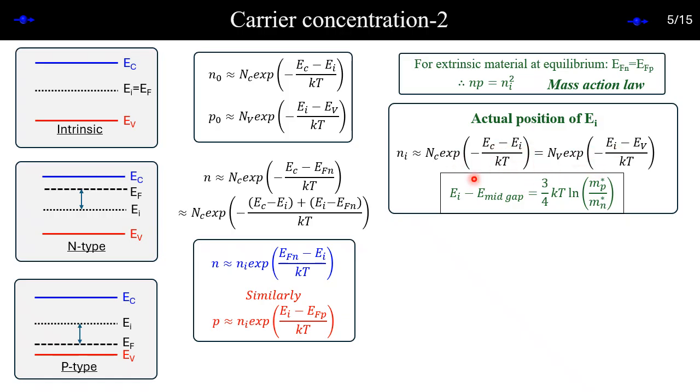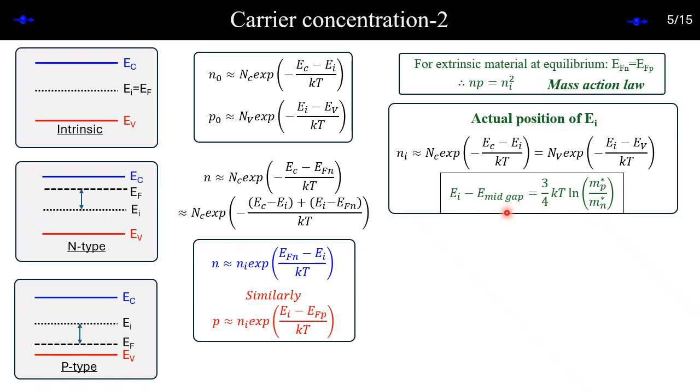I can take log on both sides, and after a simple modification, you will get this expression. Why do you have MP star and MN star? Because within NC and NV you have MP star and MN star.